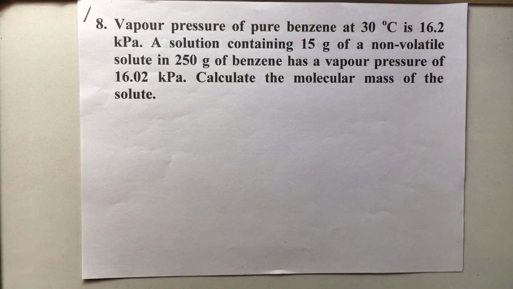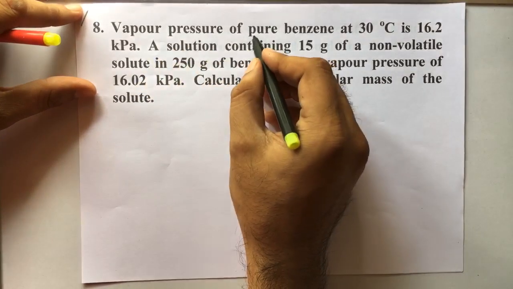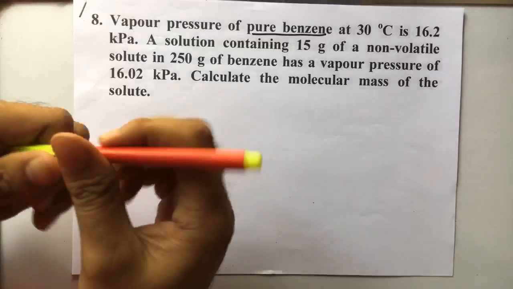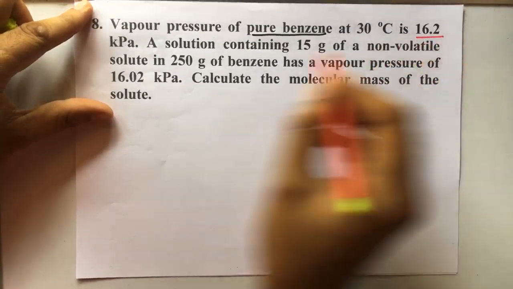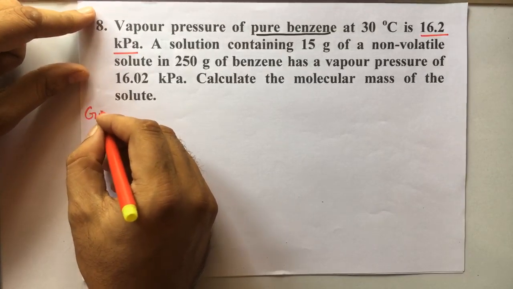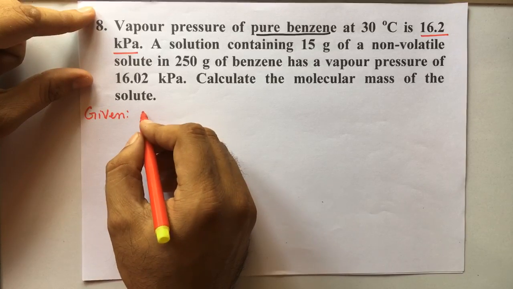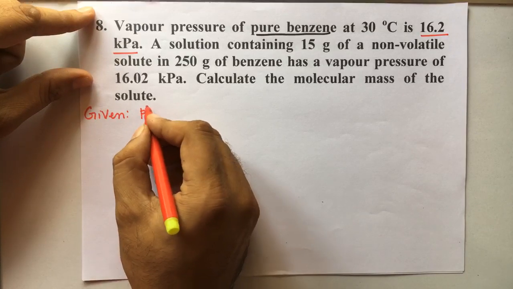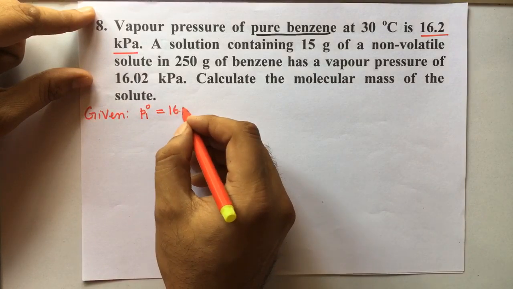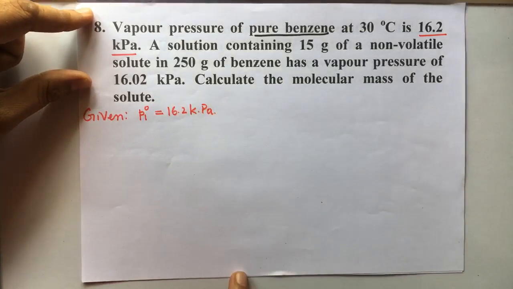The question is given as: vapor pressure of pure benzene at 30 degrees Celsius is 16.2 kilopascal. Tell me, students, what is the symbol that we use for the vapor pressure of pure solvent? P1 naught. This is given as 16.2 kilopascal.